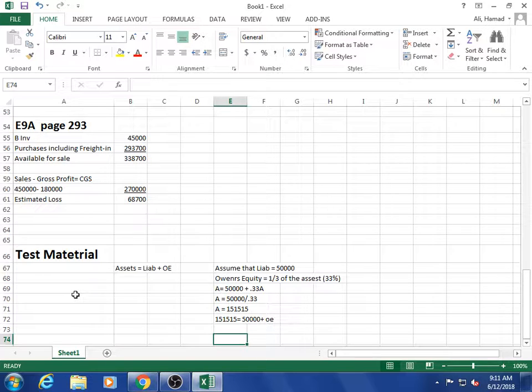Revenues, credit. Expenses, debit. So write normal debit or normal credit next to them. That's it.